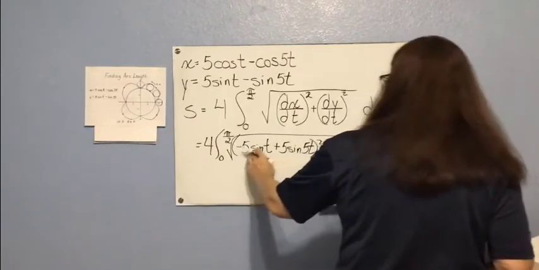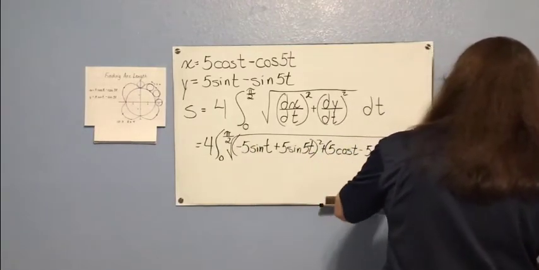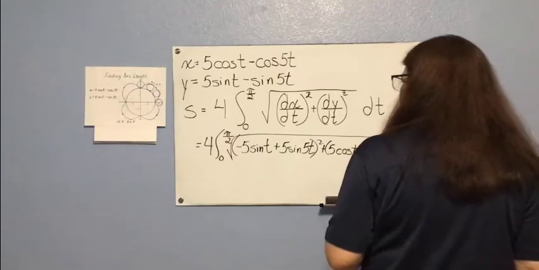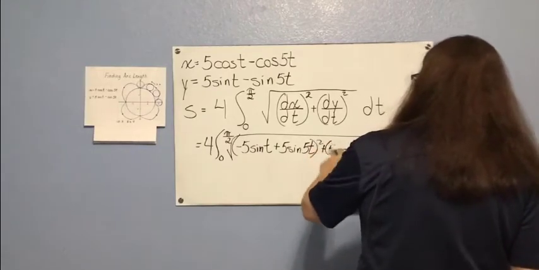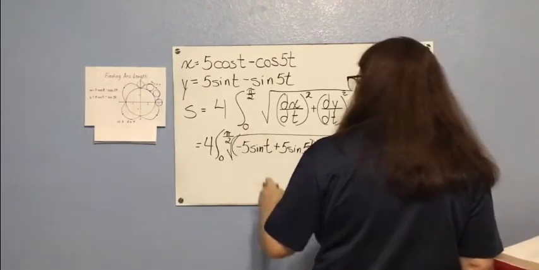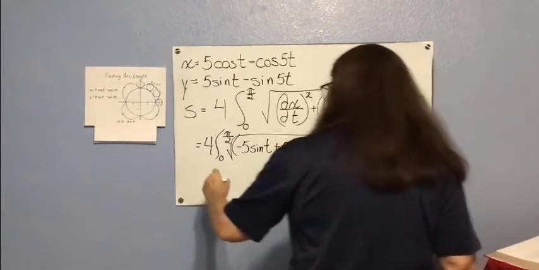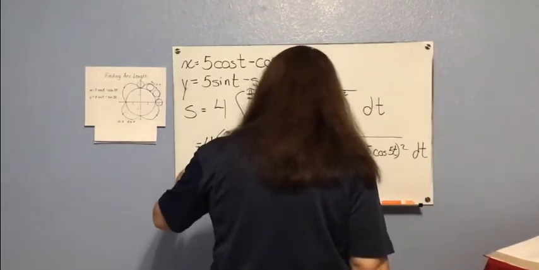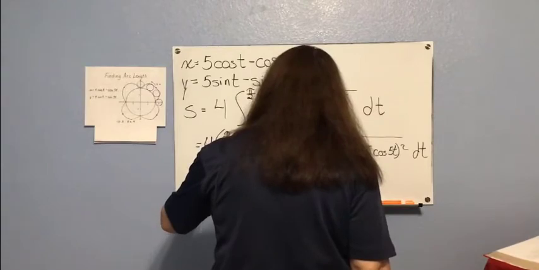Okay, now I've got factors of 5 out here, and they're all squared. And then we take the square root, so I'm going to take out a factor of 5 and put it out front with the 4, so that gives me 20.